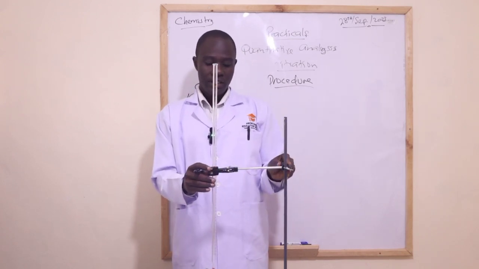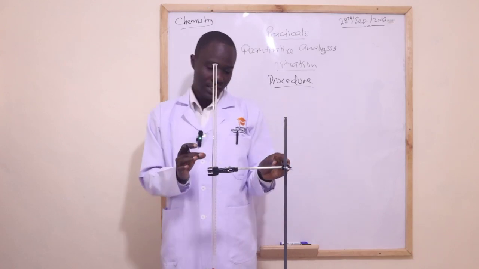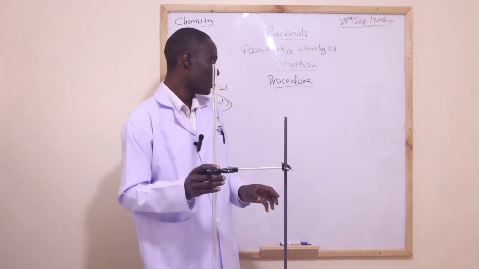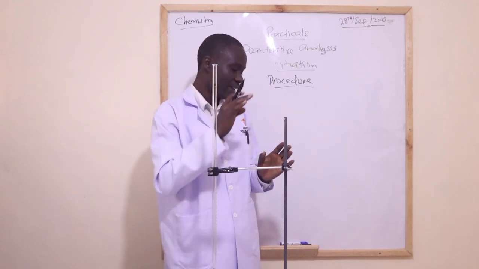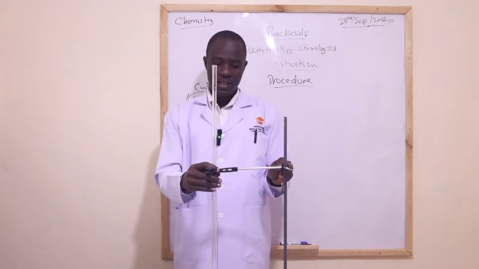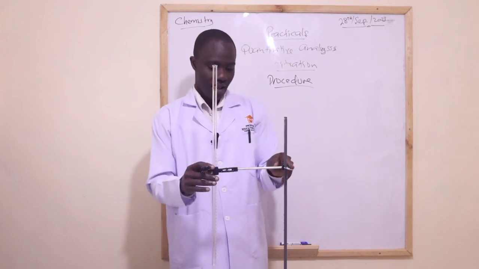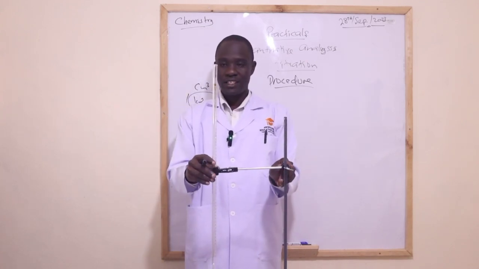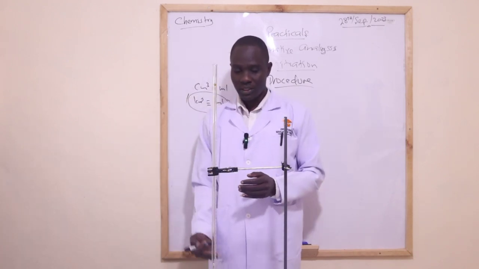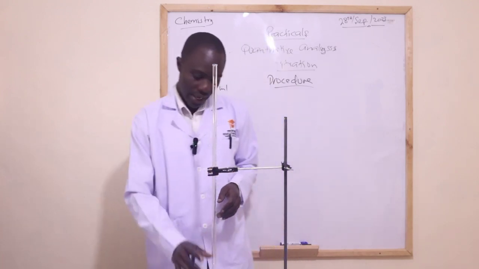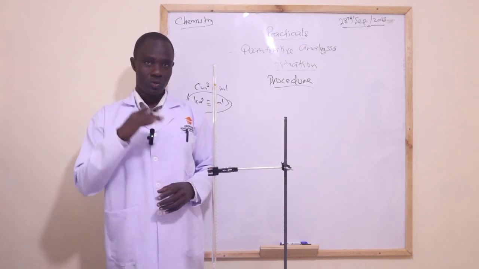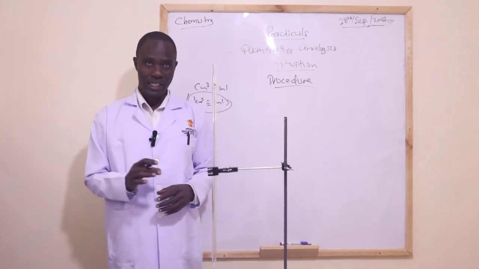You need to first mount and fix the burette on the clamp and stand that you have. As you do so, you must ensure, number one, that it is firmly fixed, and number two, that you fixed it such that there is an allowance just below the tap, such that you have adequate space to titrate, because you will be using a conical flask to titrate.